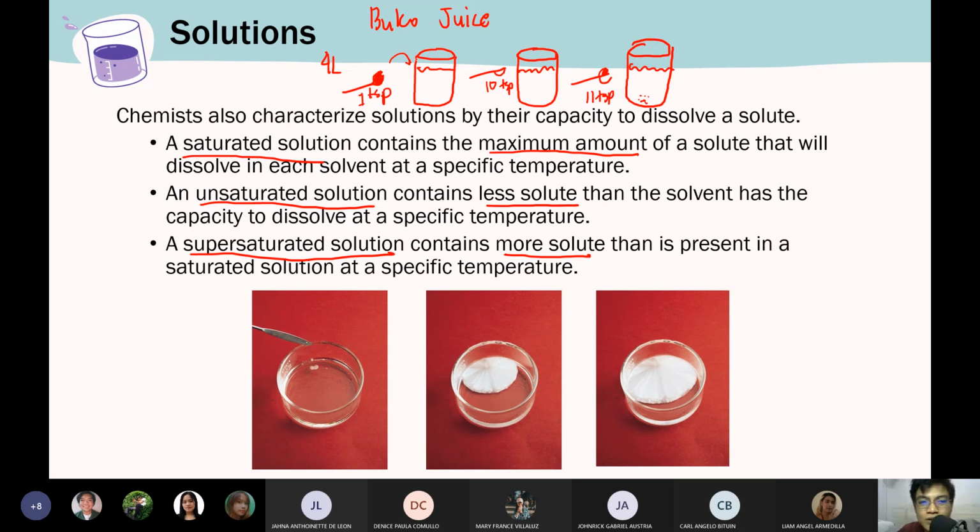So, in our 3 examples, where do they fall into? Sino yung saturated? Sino yung unsaturated? Sino yung supersaturated? Okay? Basically, if your solution can dissolve more solute, ibig sabihin, that is the unsaturated solution.